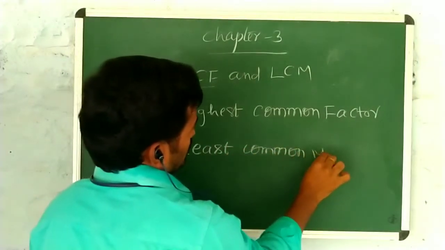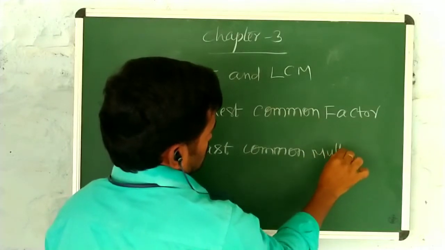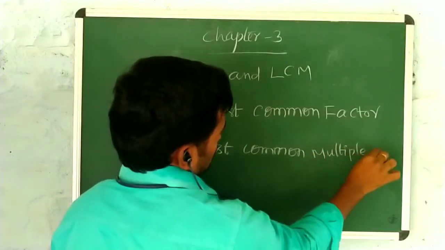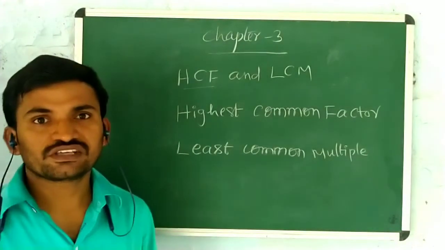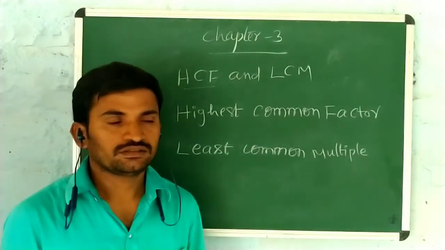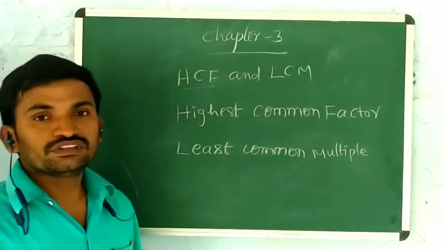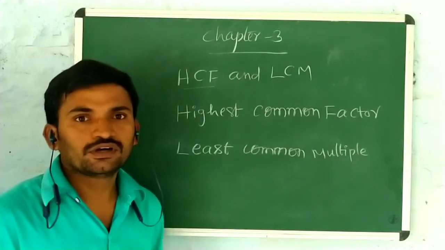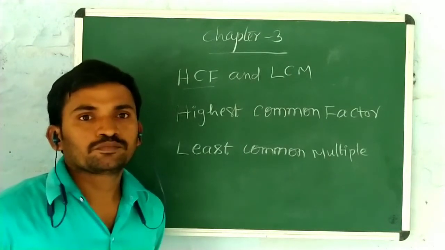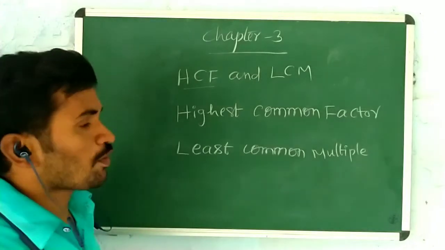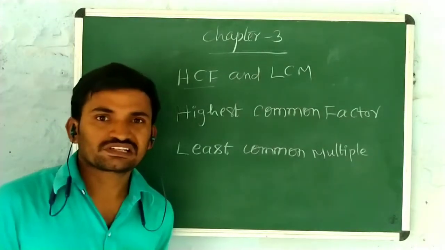You already learnt about HCF and LCM in 5th class. Now in this 6th class we will learn somewhat in depth. More topics we will learn in this 6th class.